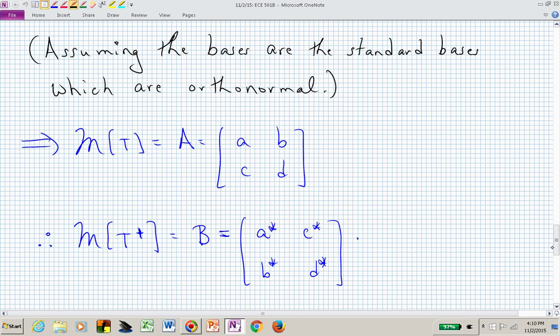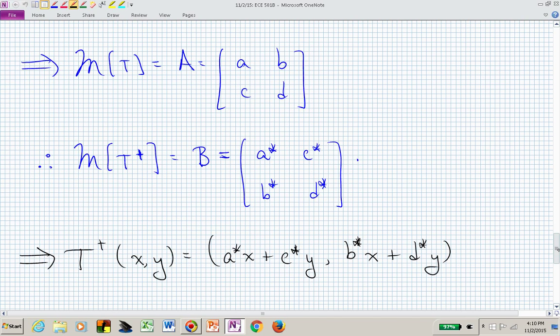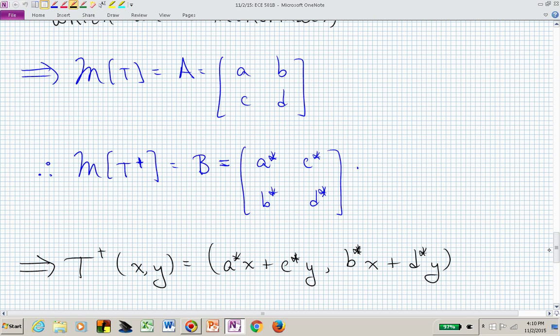So now we have a map, operator T, and its adjoint. If we want those, well, first let's just say that we have the adjoint's linear map representation.